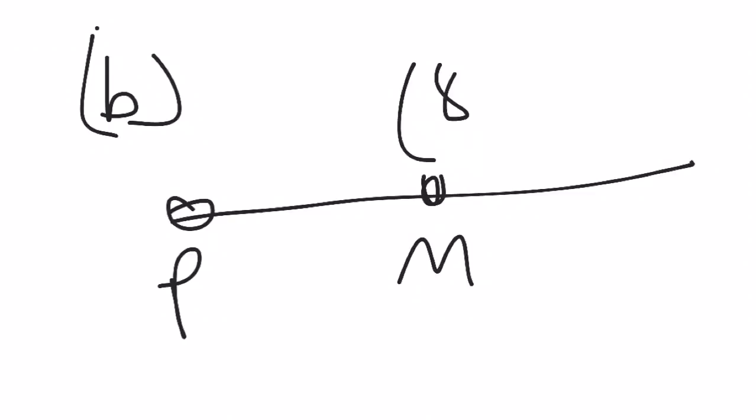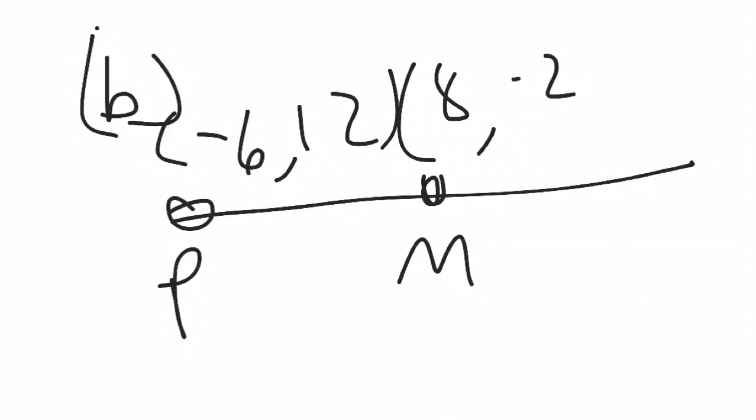Now for part B, it gives you one endpoint, P. It gives you the midpoint, M. But you don't know the coordinates of the other endpoint.